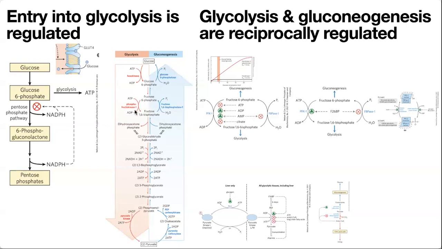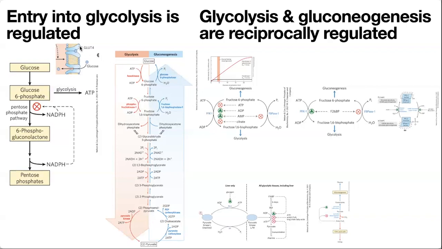We want to reciprocally regulate these enzymes so that we don't have a futile cycle where we're making and breaking at the same time, and all it does is generate heat, not any beneficial energy. So all of those were examples of regulatory strategies.